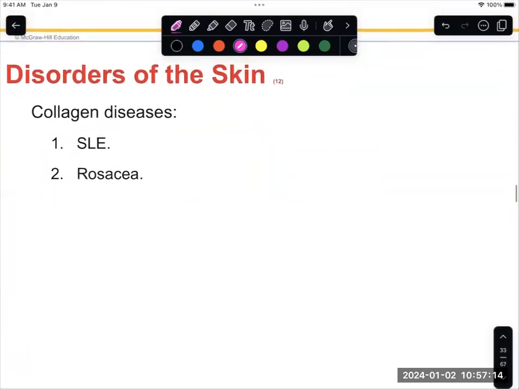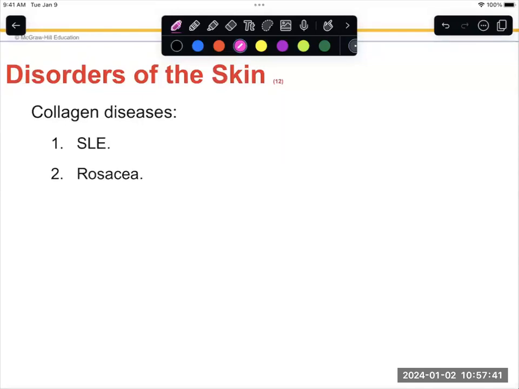SLE and rosacea affect collagen. Collagen is a type of protein that is found again in our skin. It's found in that dermis. So these collagen diseases attack the collagen or other components of connective tissue.